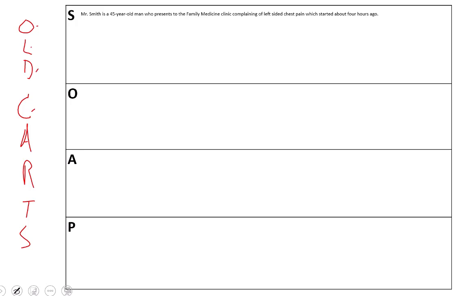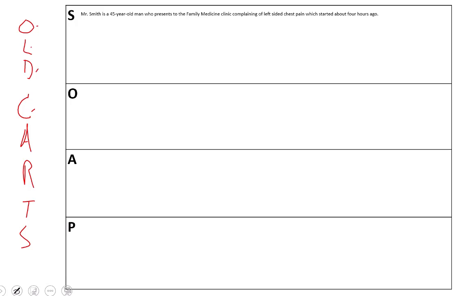C is characterization or character. What type of pain is this? Is it sharp, dull, achy, pressure, those types of things? A stands for aggravating and associated symptoms. What makes this worse? What aggravates it?